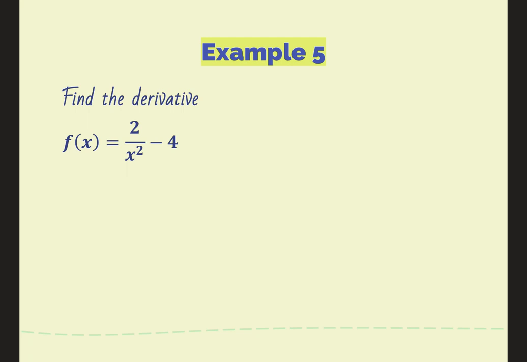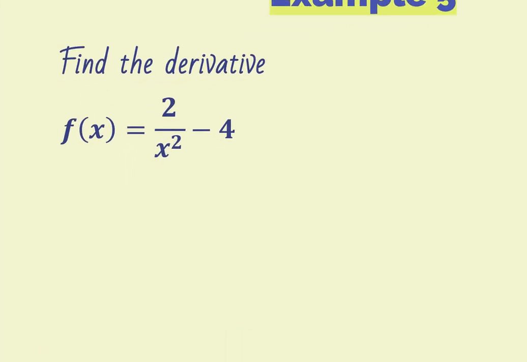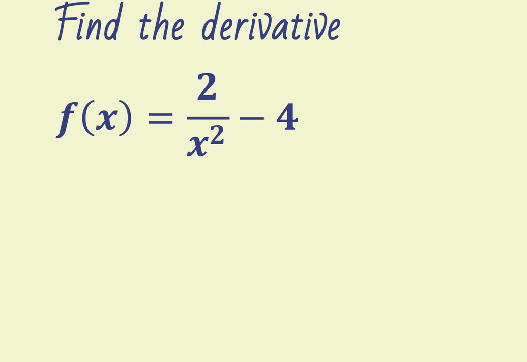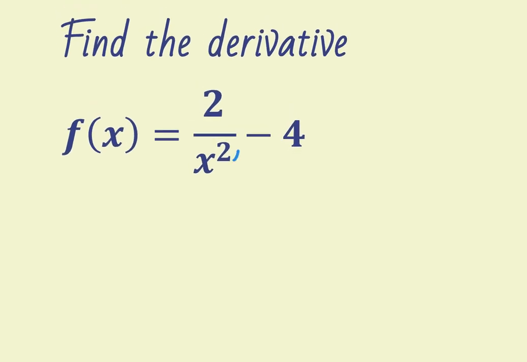Okay, find the derivative: 2 over x squared, minus 4. So the first thing we need to do here is bring this guy to the top. Remember, to move a variable with an exponent from the bottom to the top, we change the sign on the exponent. So this becomes 2x to the negative 2 minus 4. Now we bump the negative 2 forward: 2 times negative 2 is negative 4.